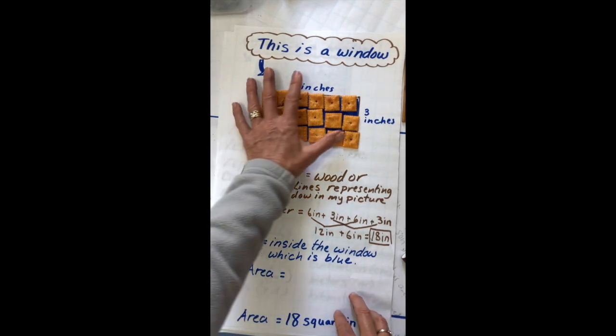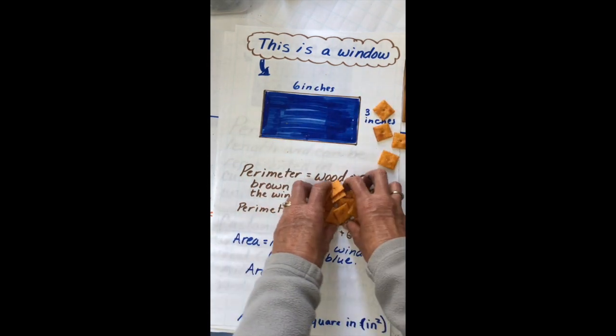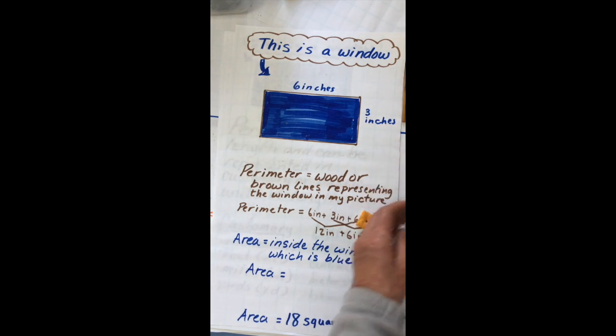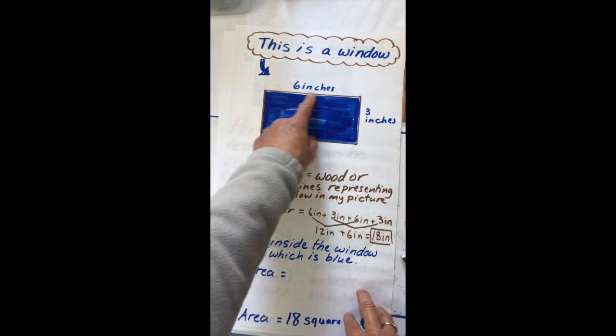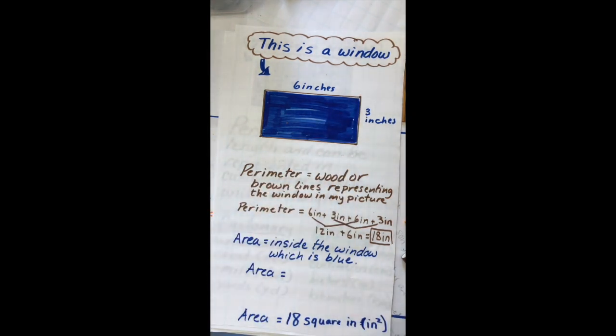Now, sometimes the song goes, perimeter plus it's the frame of the window. Area is the squares, or length times width. So if we look here, the length of this is 6, and the width is 3.